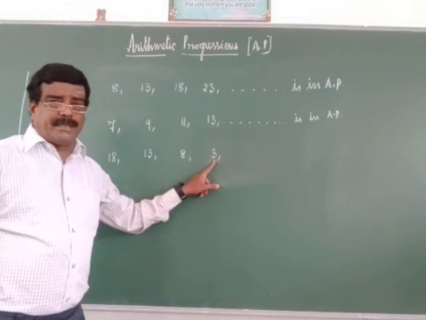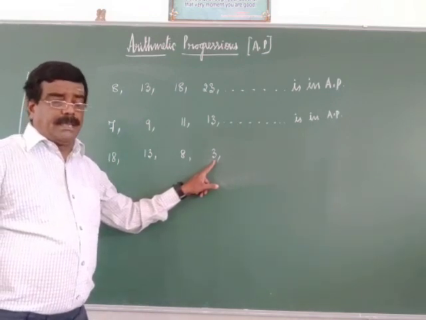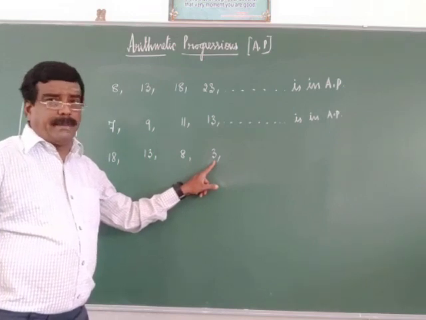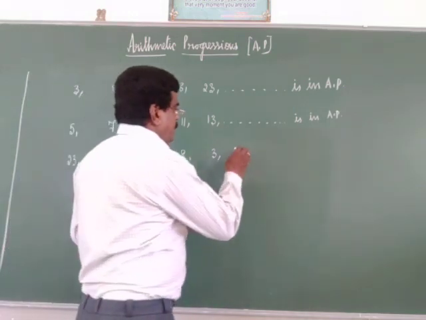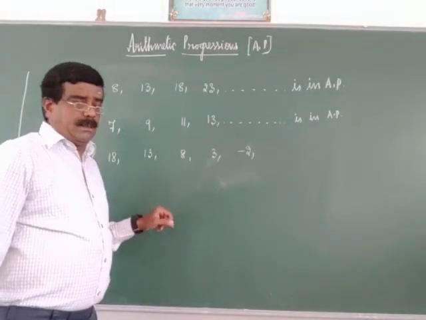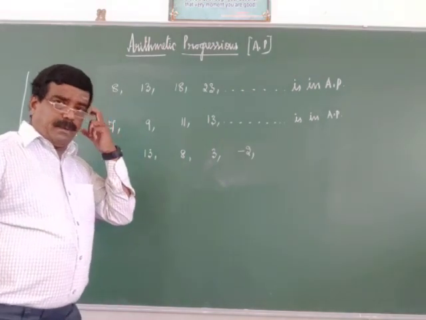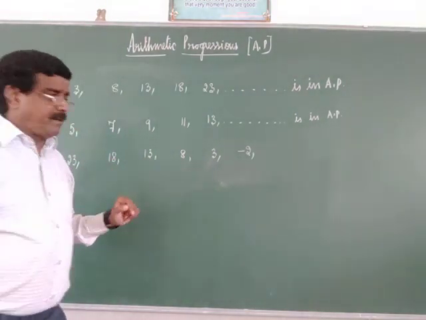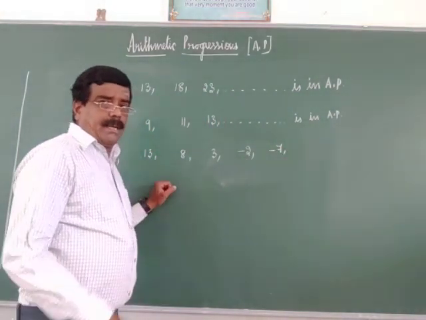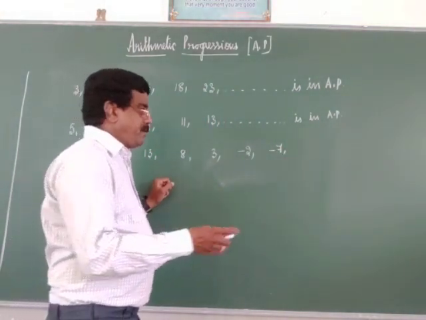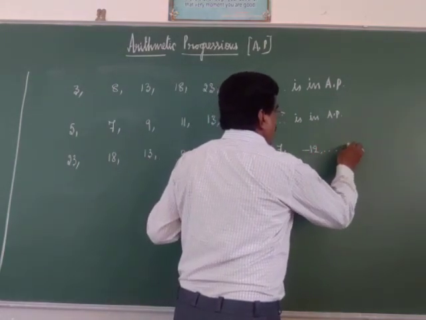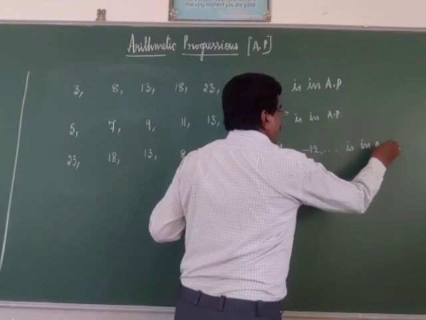Now what is 3 minus 5, children? 3 minus 5 means 3 contains a positive sign, 5 contains a negative sign. So 3 minus 5 is minus 2. Then again minus 5. Minus 2 minus 5 means minus 7. Again minus 7 minus 5 means minus 12. Like that you can go on writing, it is an AP.